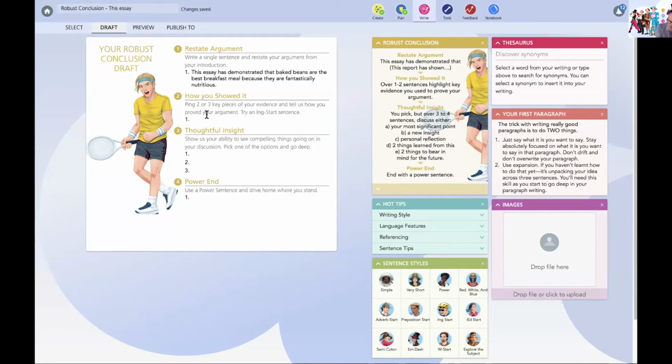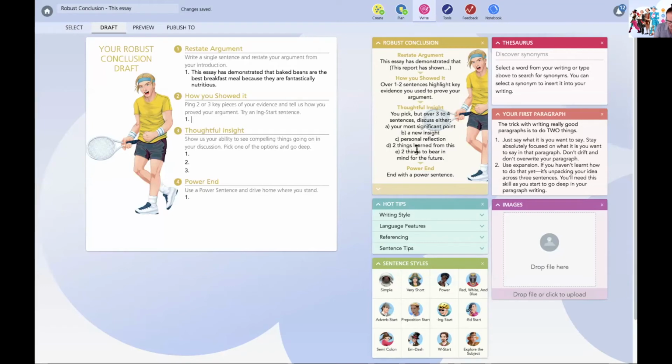And the useful tip of advice here is just to encourage students to drop in a couple of key things that they use to anchor the argument they delivered across the essay. Ping 2 or 3 bits of evidence. Don't want to see the whole thing retold. That's not the point here. Just drop in 2 or 3 bits.